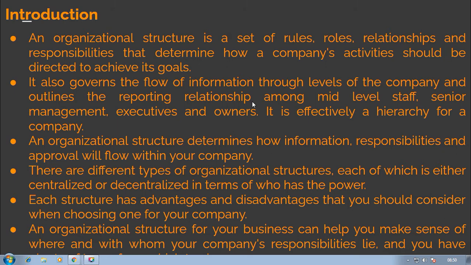An organization structure for your business can help you make sense of where and with whom your company's responsibilities lie.